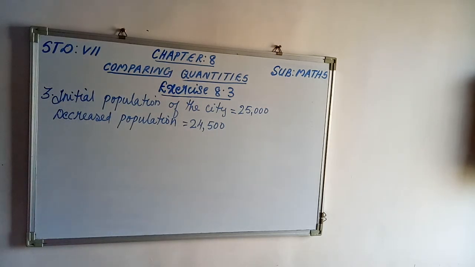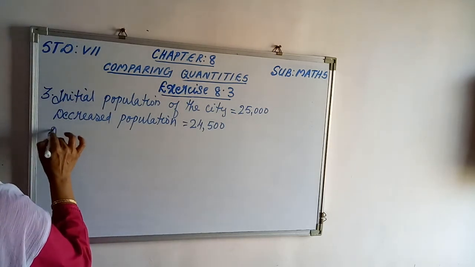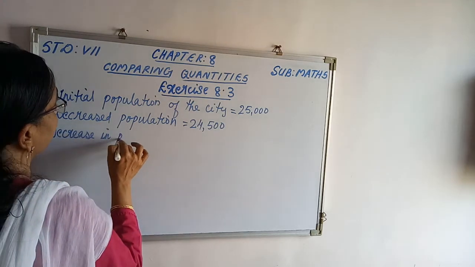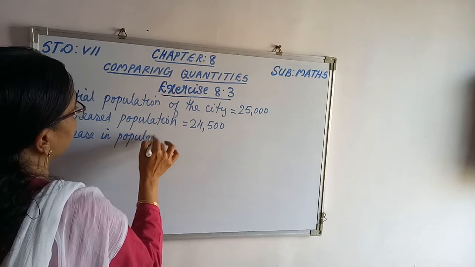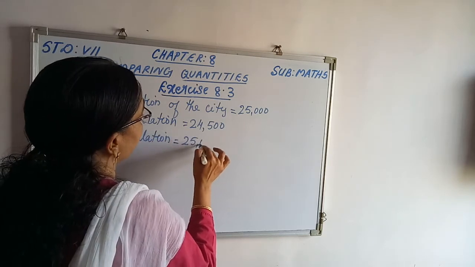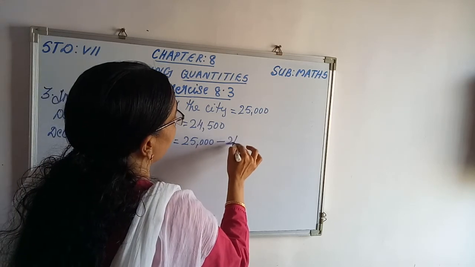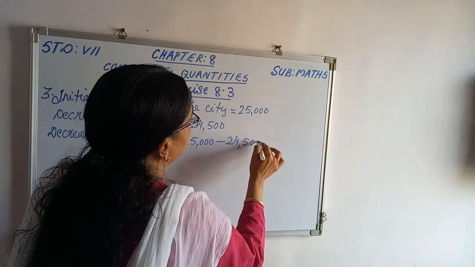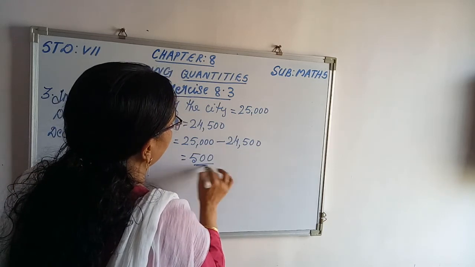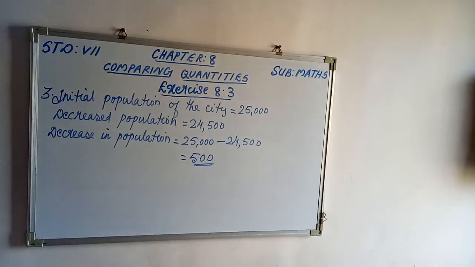That is the decrease in population. Decrease in population, that's equal to 25,000 minus 24,500. That's equal to 500. That is the decrease in population.